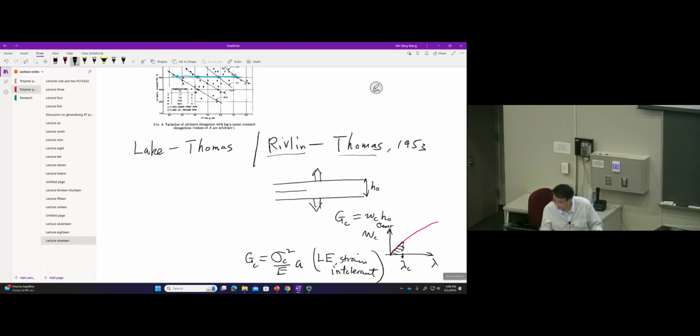Therefore, it clearly does not apply for rubber. So this is their real pioneering contribution, that they devised a way to record the energy release rate even when the sample is very stretchable.